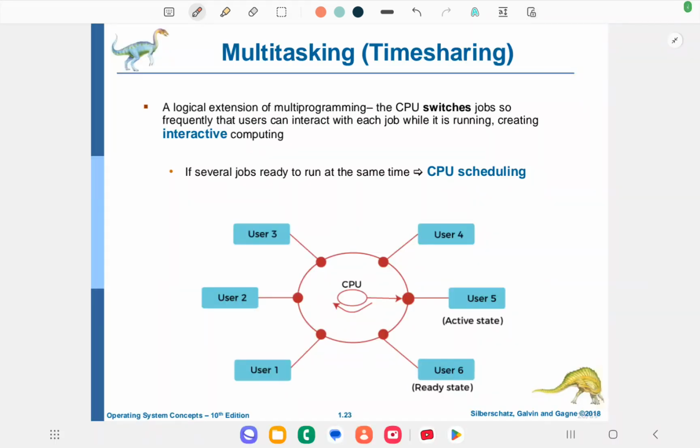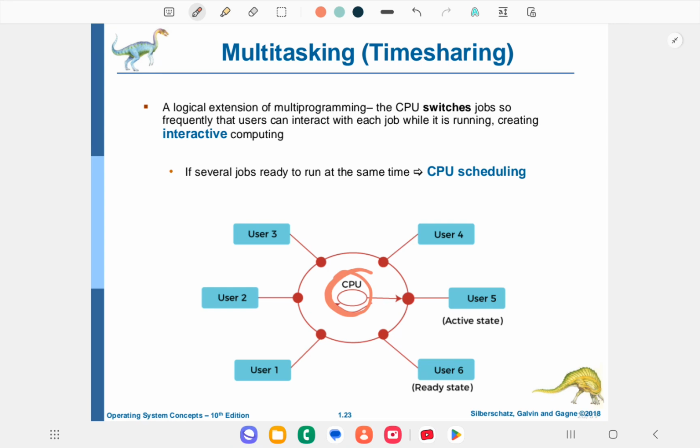Another very important concept of operating systems is the concept of time sharing, also called multitasking. The idea with time sharing is having one single CPU and multiple tasks and jobs to be executed.